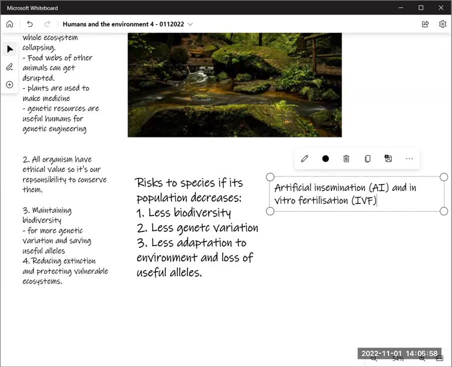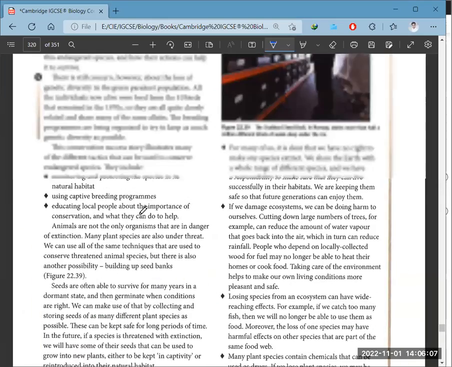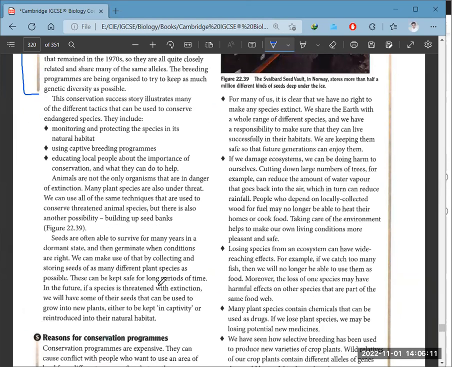I had Amina finish. Yes, sir. Perfect. Let's look at captive breeding performance. The seed banks are here. This part. Remind me to get back to seed banks.